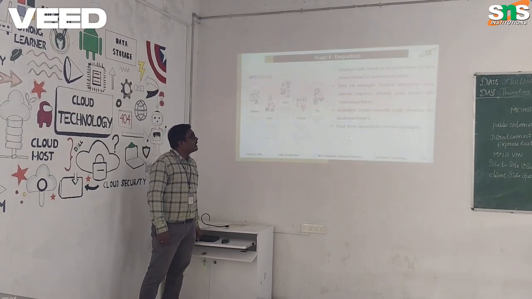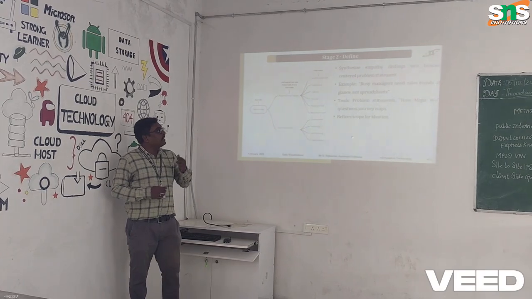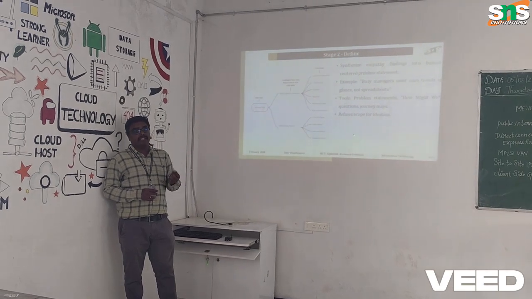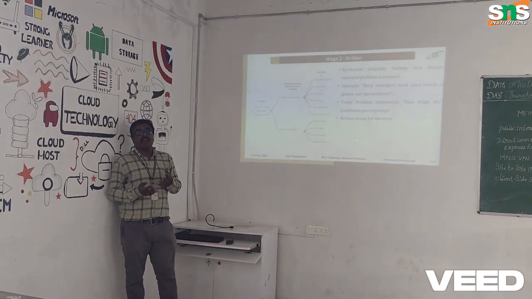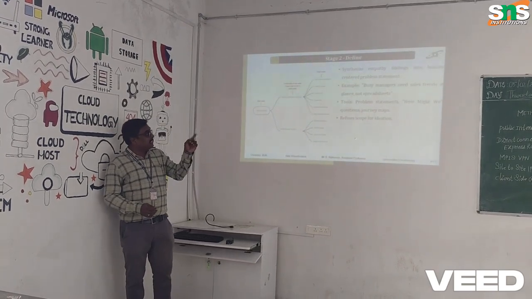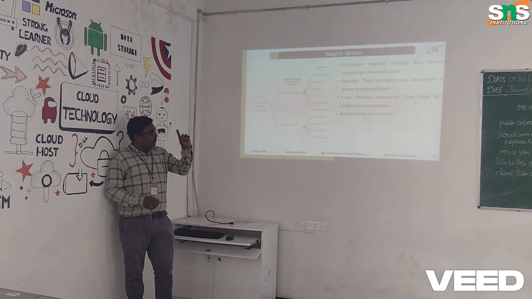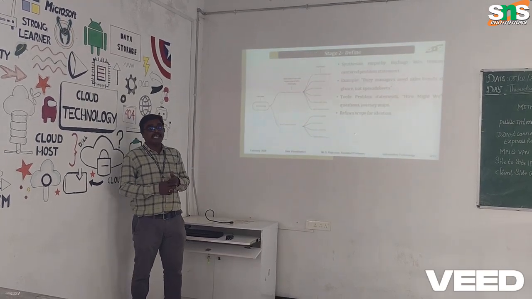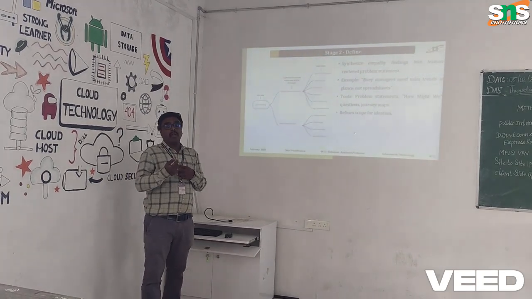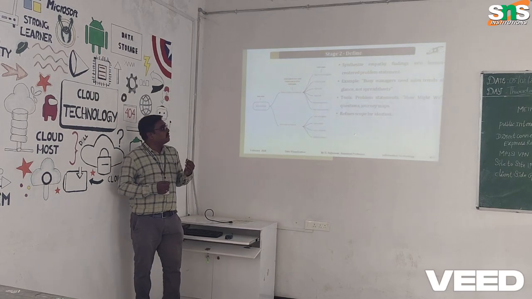Next we move on to the second stage, which is define. In the define stage we synthesize the empathy findings. Whatever findings we found in the empathy stage, we synthesize into a human-centered problem statement.